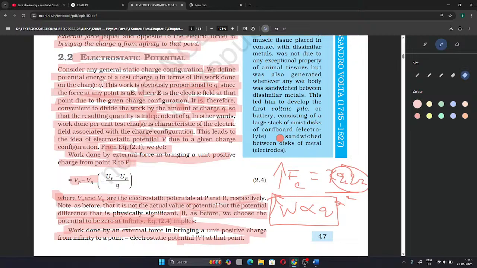Since the force at any point is QE, where E is the electric field at the point due to the given charge configuration, it is therefore convenient to divide the work by the amount of charge Q. So the resulting quantity is independent of Q. In other words, work done per unit test charge is a characteristic of the electric field associated with the configuration.